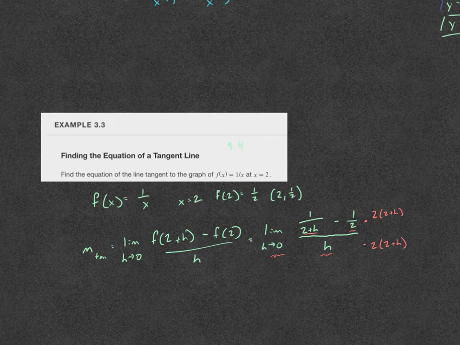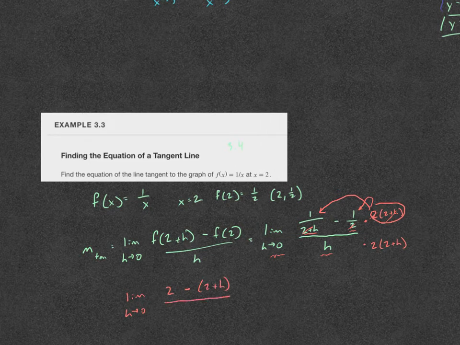Okay, so I'll show you what I mean. This is the limit, h is approaching 0. When I distribute this over here, the 2 plus h cancels out with the other 2 plus h, and leaves behind just a 2. When I distribute right here, the 2 cancels out that 2, and it leaves behind a minus (2 plus h).